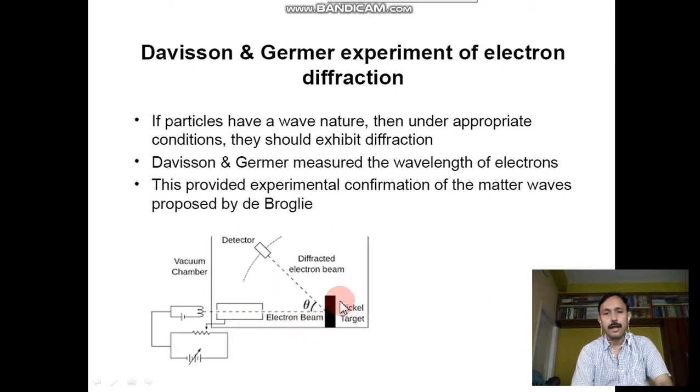This is accelerated and made to fall on the nickel target. Then from this nickel crystal, the light is diffracted, that is photon, and the detector is collecting this.